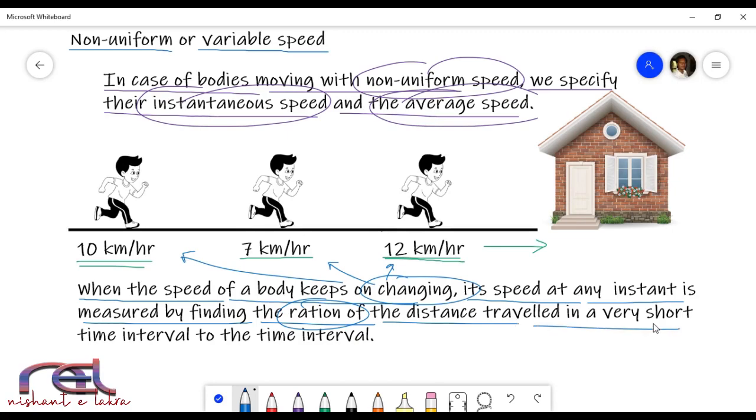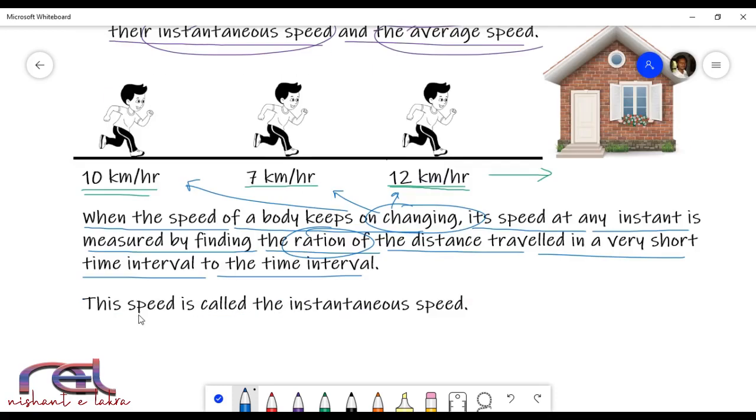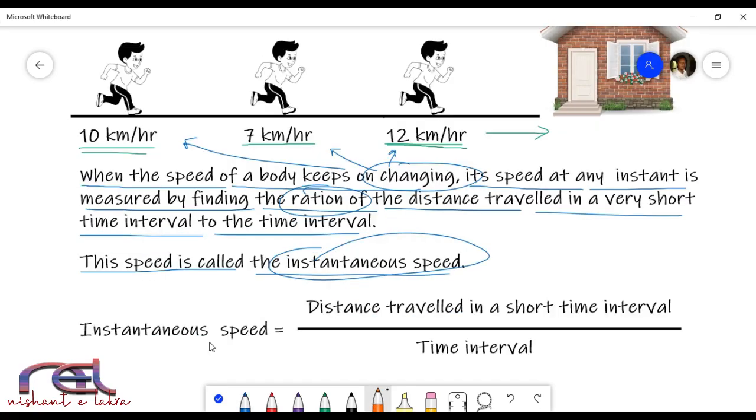So when the speed of a body keeps changing, its speed at any instant, at any point, is measured by finding the ratio of the distance traveled in a very short time interval to the time interval. This speed is known as instantaneous speed. I hope you have understood this. You can go back through the video and see it again.